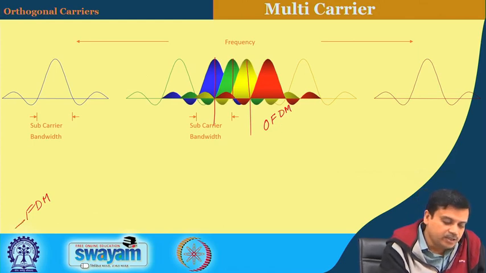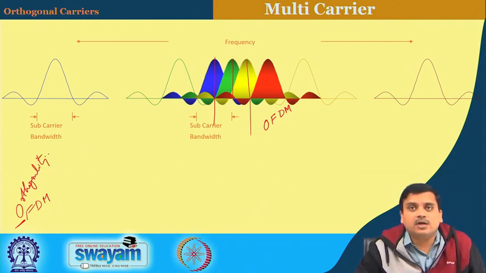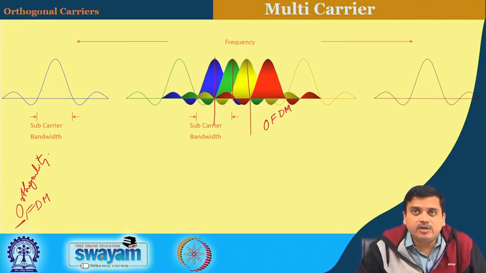So, this orthogonality has given us this particular result, and you can clearly see that there is a huge saving in bandwidth by virtue of using orthogonal carriers. Although they are overlapping, they are not interfering with each other, and one can decode the signals.